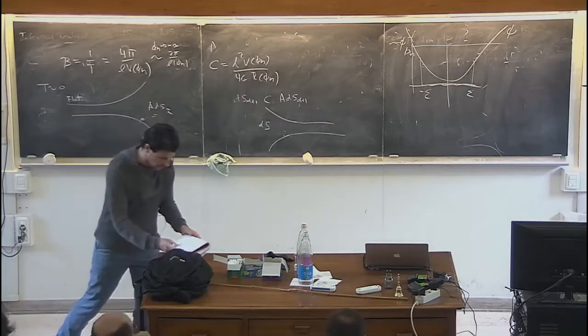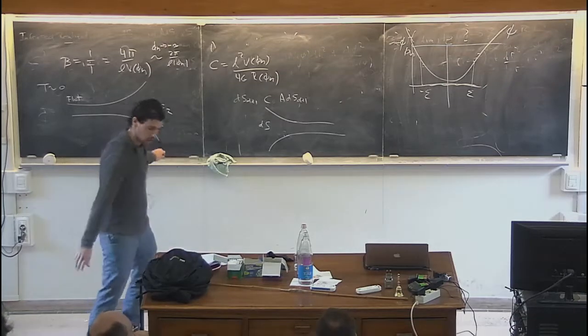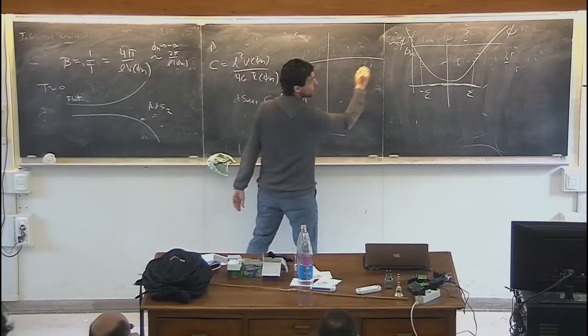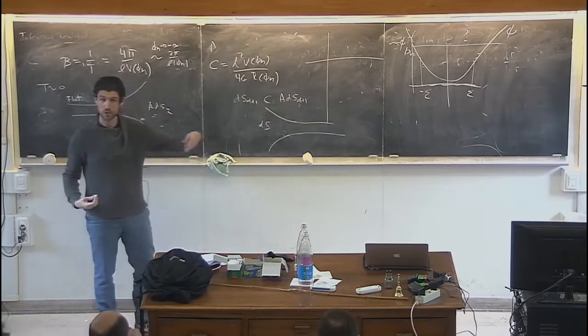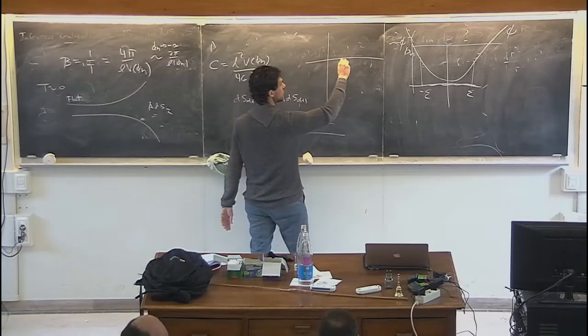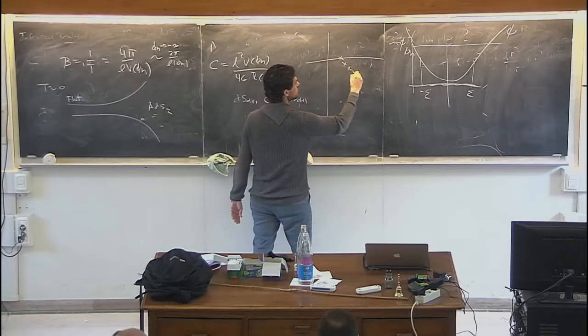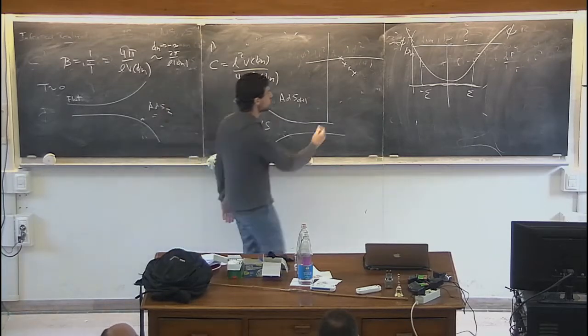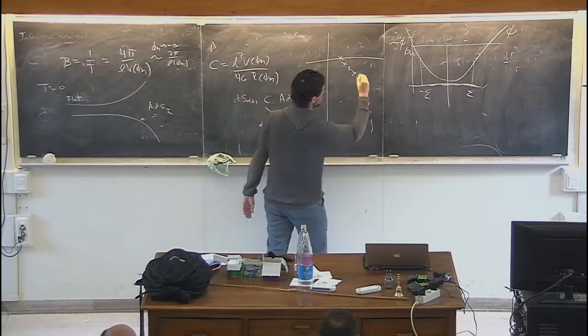The last thing I'll say, maybe I can still make a plot. You can calculate quasi-normal modes and properties of waves in this geometry. I didn't get to discuss this much, but let me just make a plot. If you put some waves on top of this geometry and calculate the quasi-normal modes, you will see a spectrum that looks like this.